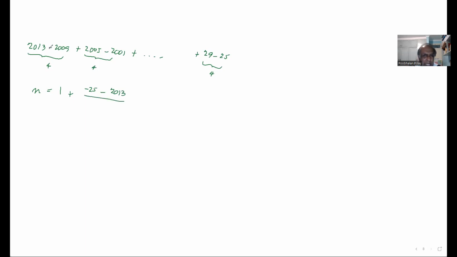Now remember, d is actually equal to minus 4, because you are decreasing these numbers by 4. If you work this out, you get 2028 divided by 4, that's 507. So it seems to me that you've got 508 pairs here.